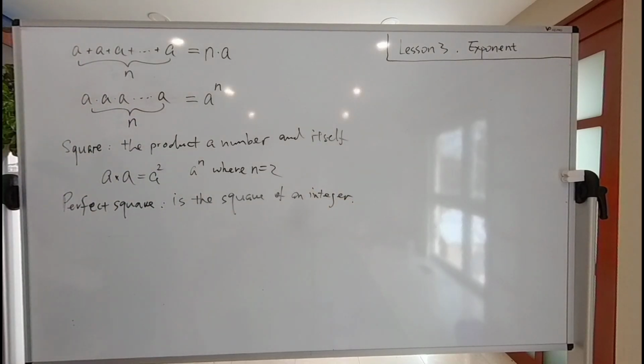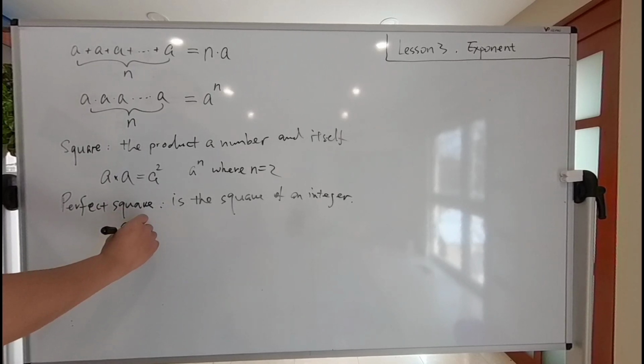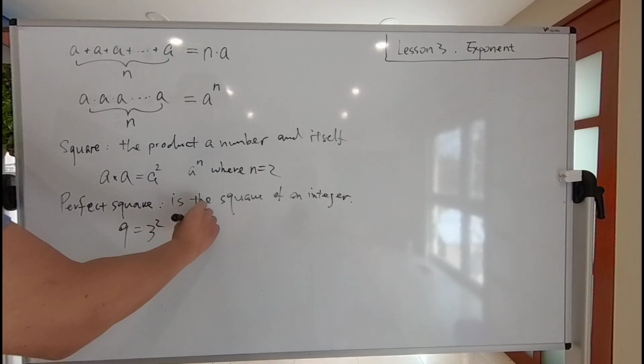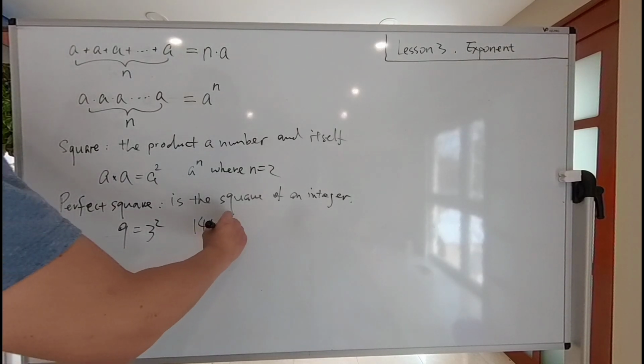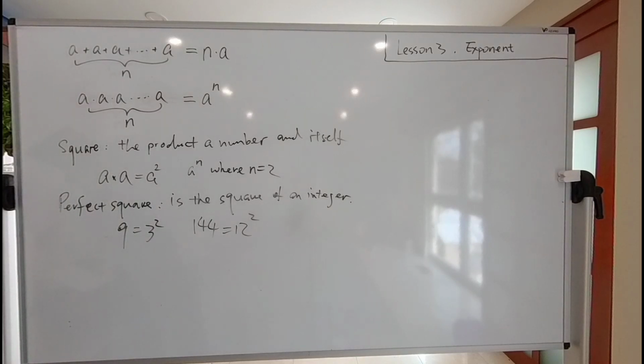For example, you probably already heard people saying that the number 9 is a perfect square. Why? Because it equals 3 squared. I would also say 144 is a perfect square because it equals 12 squared.